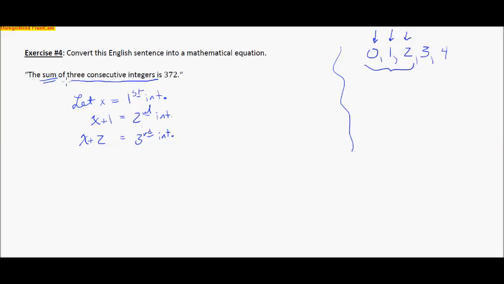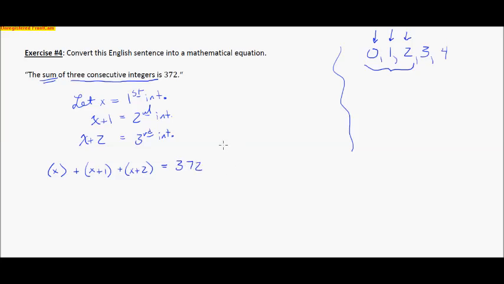So they want to do the sum. Well, sum means add. So I'm going to put these in parentheses just to separate them. So here's the first, here's the second, and here's the third. I'm just summing. I'm adding those first 3 integers. And when I run into this word is, well, that means equals 372.